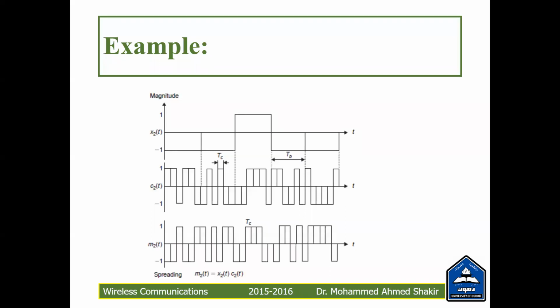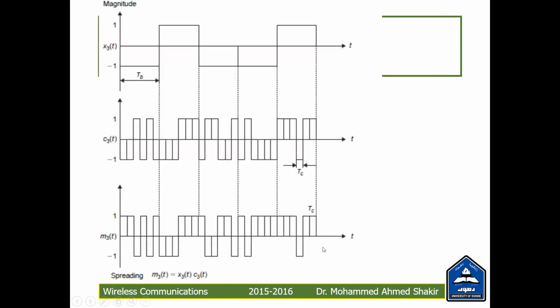Now, m2 of t will be x2 of t multiplied by c2 of t. This will be m2 of t. Now, for x3 of t, here we have x3 of t by c3 of t, again multiplying the signals together, Tc by the value of Tb at Tc. Okay, you can get the following signal m3 of t.